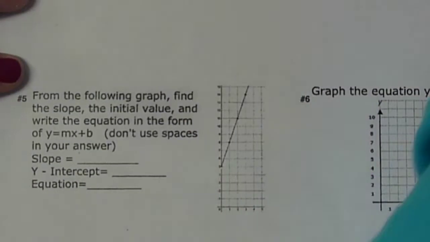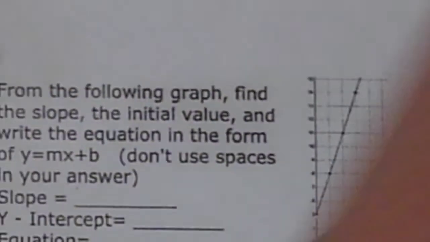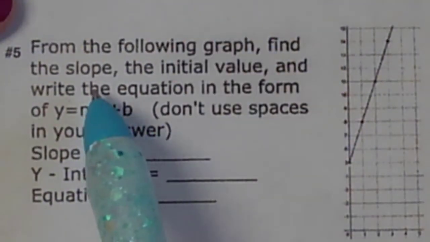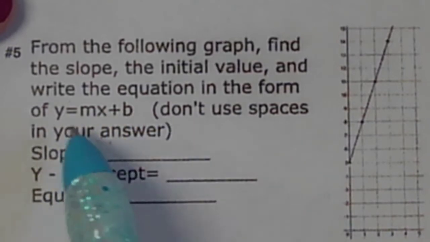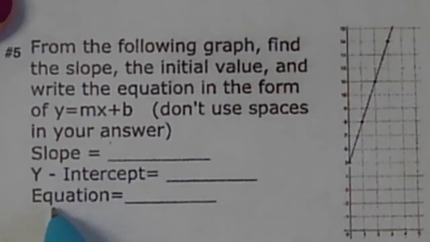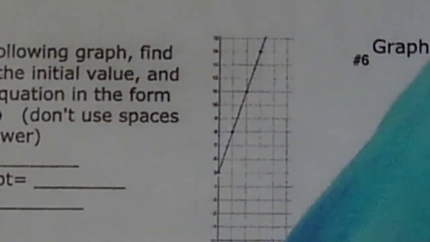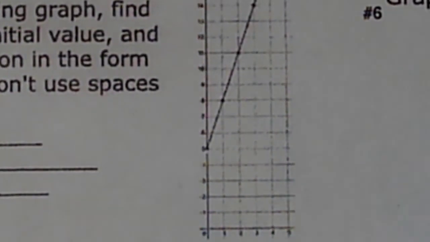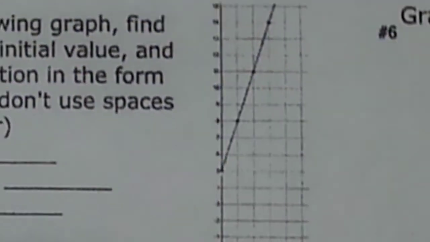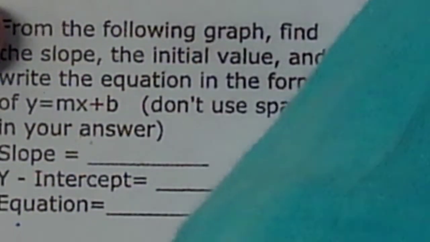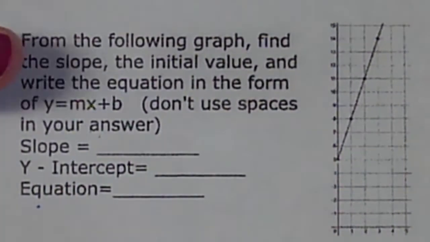Okay, this next one is where they start getting a little bit harder. Notice it's still the same thing: y equals mx plus b. We're finding the slope, we're finding the y-intercept, and then we're going to write the equation. But now we're starting with a graph. I know that this graph is kind of hard to see, so we're going to do the best we can. I personally like finding the y-intercept or initial value first because that's where it's starting.